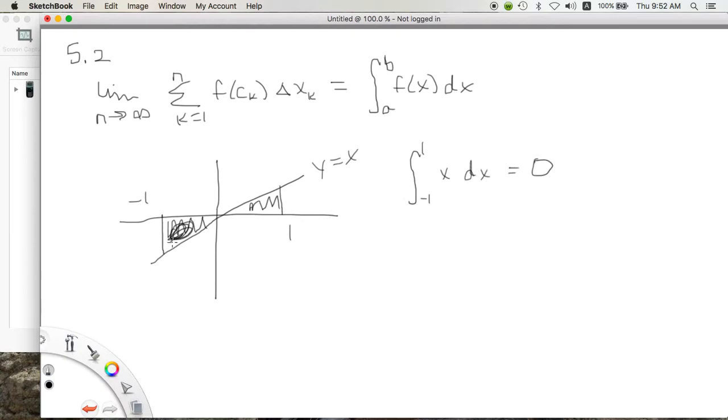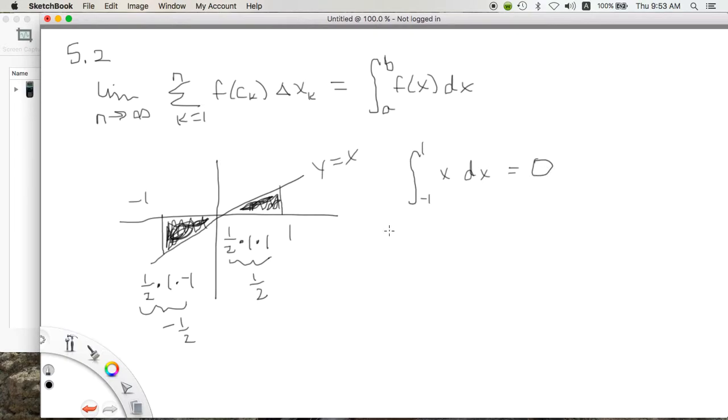Because this area is negative, remember we talked about before, and this area is positive, and they are the same, right? Area here is 1/2 base times height, and the area here is 1/2 base times height. And so this area is -1/2, and this area is 1/2. Add them together, and you get 0.